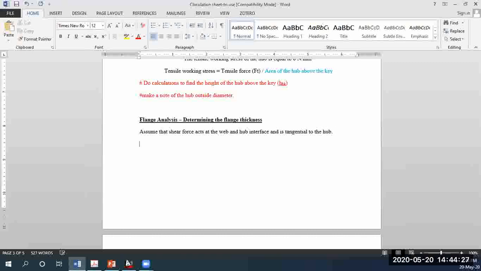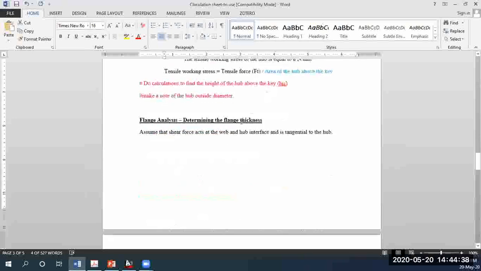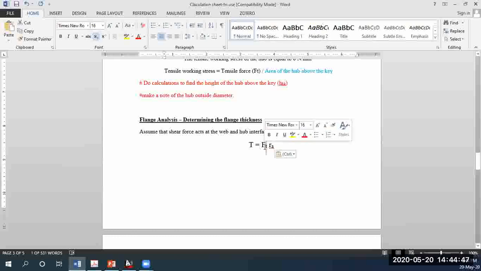We know again from our equation that torque, T here means torque. So torque is equal to the shear force acting on the web, multiplied by R. In other words, what will R be?